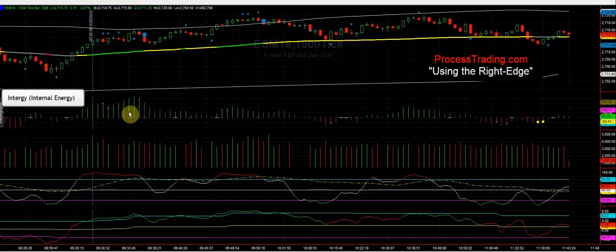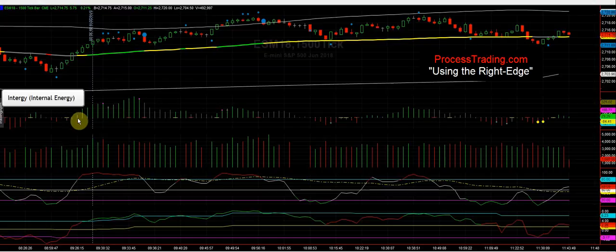So here we see we just got over a period where demand had come in, and now we see price going up here, but we're looking at the energy indicator and we see demand start to come in. We already see that supply is waning right here because it's heading up.